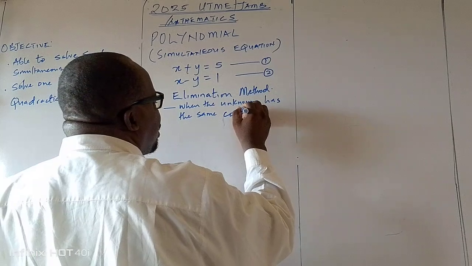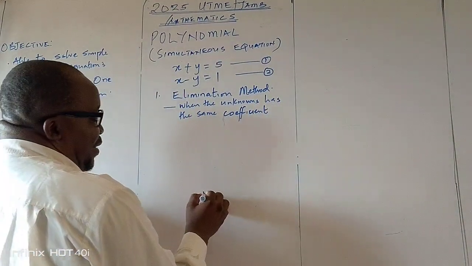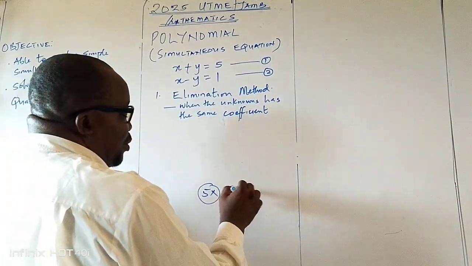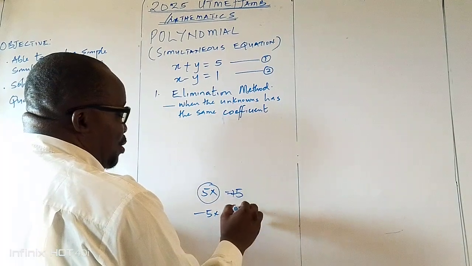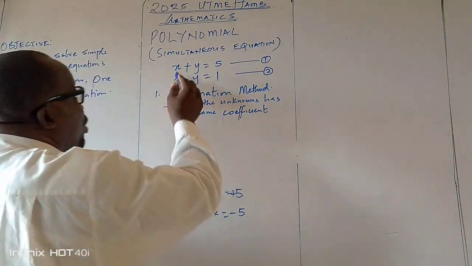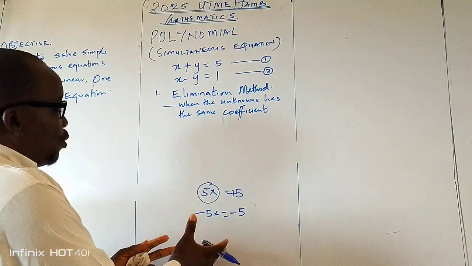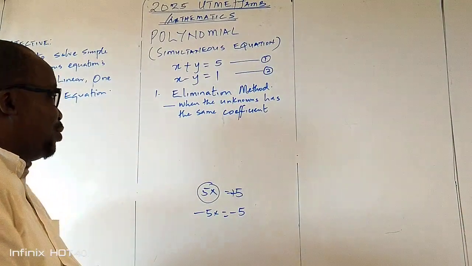First, what is a coefficient? If I write 5x, the coefficient of x here is plus 5. If I write minus 5x, the coefficient of x here is minus 5. So here the coefficient of x is 1 and the coefficient of x here is 1. So when they are equal in coefficient, it's advisable I use the elimination method.